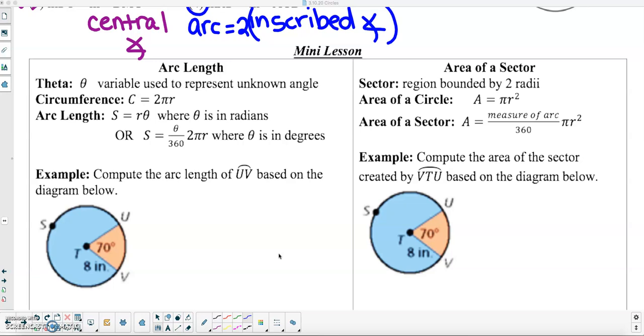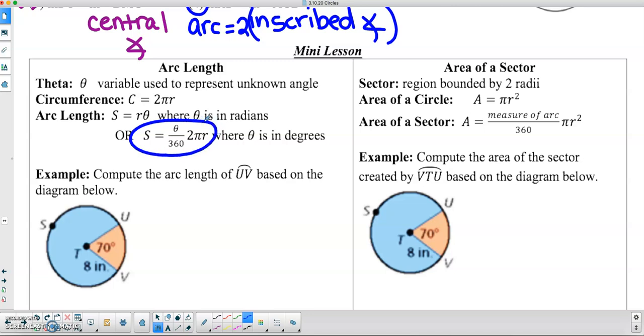So for today's purposes, we're going to be using the second formula, where our arc length is equal to theta, where theta is in degrees, divided by 360 to represent part of our circle, and then multiplied by the circumference, okay? So for the first example here, it says compute the arc length of UV based on the diagram below.